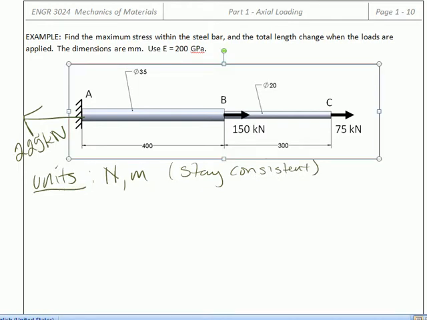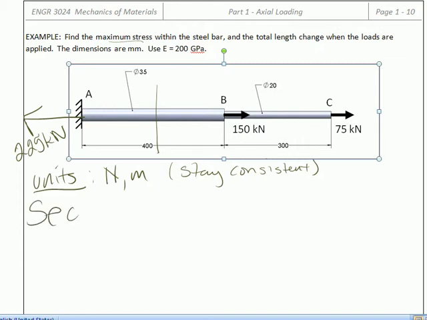Now, in order to figure out what the maximum is, we need to know what the stress is in each segment, which means we need to know what the internal force is in each segment. We can go about that by taking a section cut and looking at the remainder of the structure on either side of the cut.